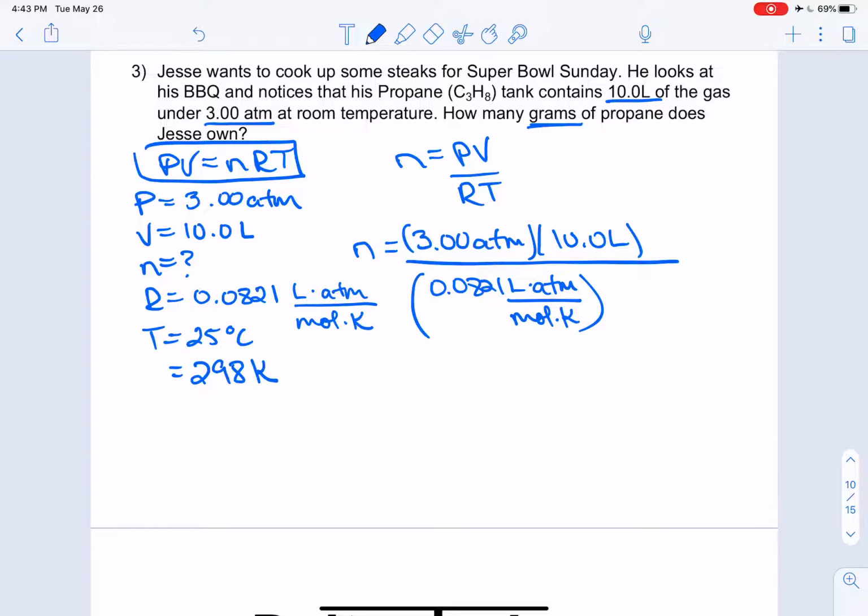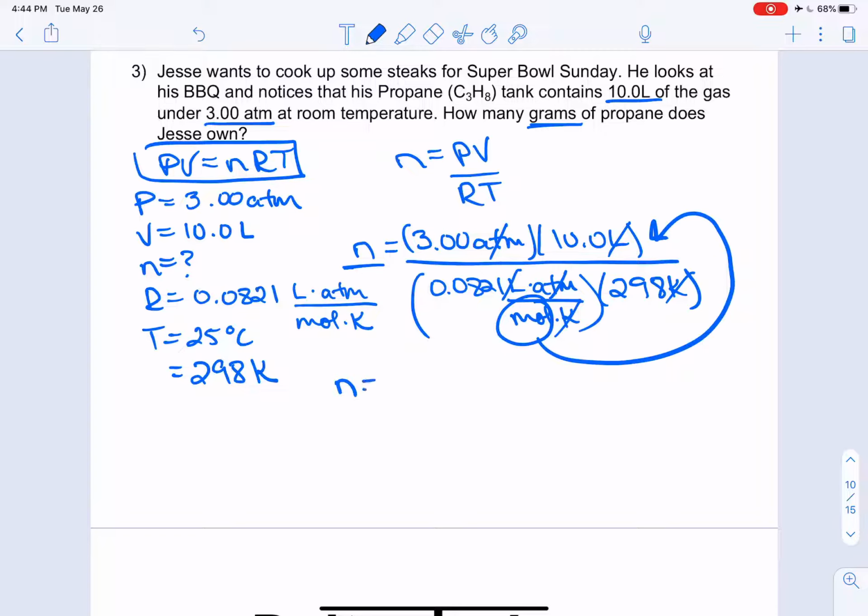And then we multiply our R by our temperature, and that is 298 Kelvin. And then we look at this and we say, what can we cancel out? So we've got atm that we can cancel out, liters, and we can cancel out Kelvin. And then we have moles in the bottom of the bottom, and that gets to pop up where? Into the top. And that's a good thing because we're solving for n, which is moles. Okay, so we go ahead and we put all of that into our calculator, and we are going to get that n is equal to 1.23 moles of propane.